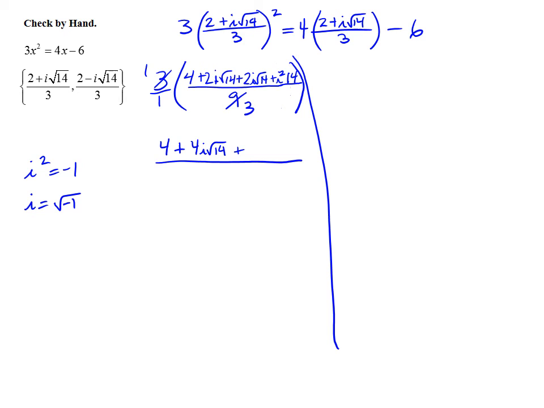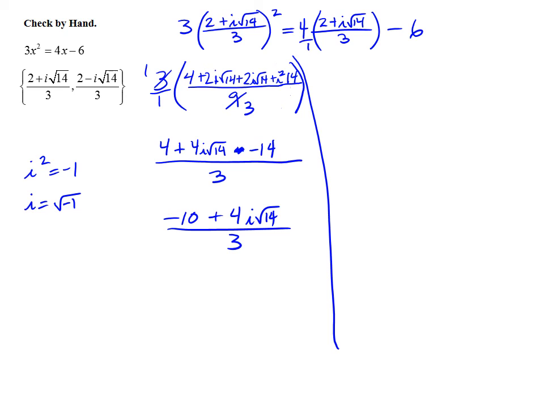So when you square i, or square the square root of -1, you get back to what was underneath, which is -1. So i squared times 14 is really -14. And that's over 3. I can collect the 14 and the 4 and the -14 to get -10 plus 4i square root of 14 over 3. Let's check the other side.